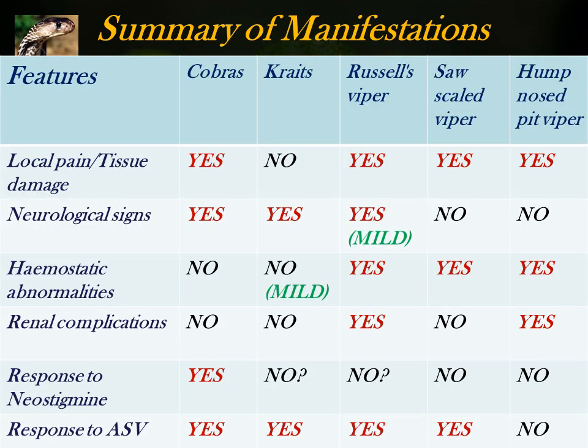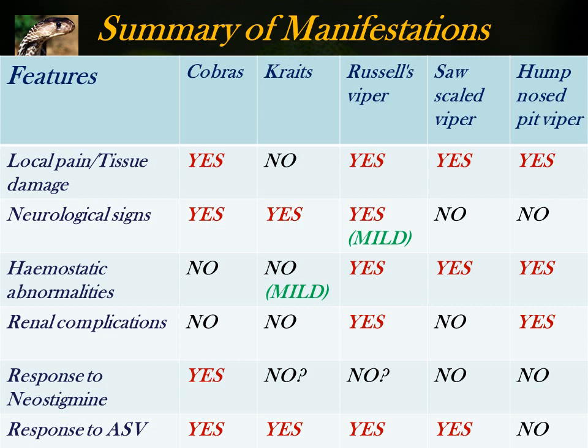Now we have a summary of manifestations of different snakes. If you just look at this entire chart, there won't be any ambiguity except a few areas. I will try to highlight those areas, and as a physician you should remember that these are the areas that have to be kept in mind.